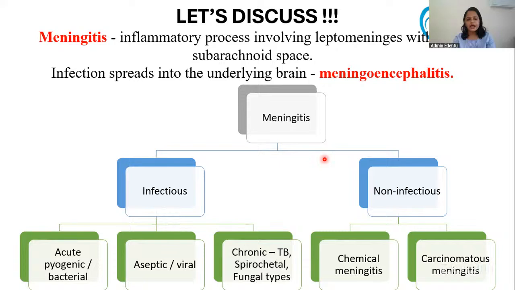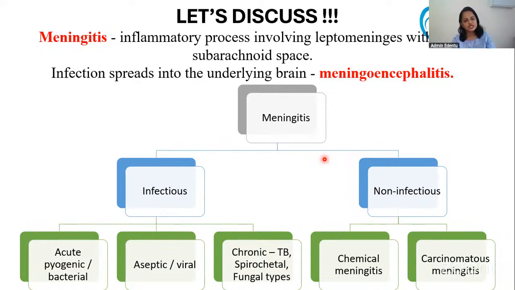Meningitis is an inflammatory process involving the leptomeninges, that is, within the subarachnoid space. If this infection spreads to the underlying brain also, then it is called meningoencephalitis.